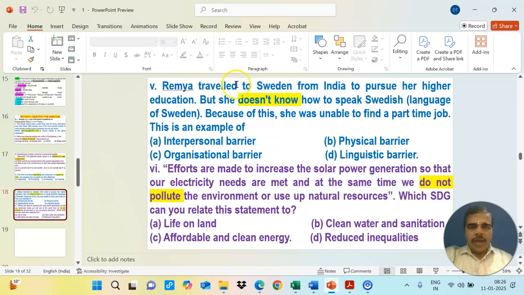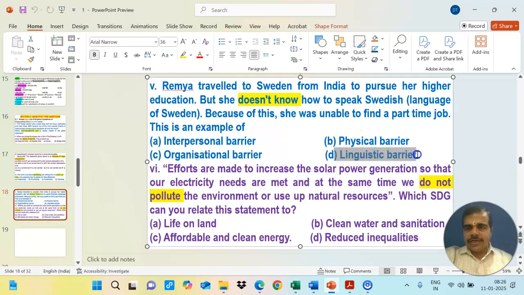As the barrier is related with language, the correct answer will be linguistic barrier. So here the answer is D.